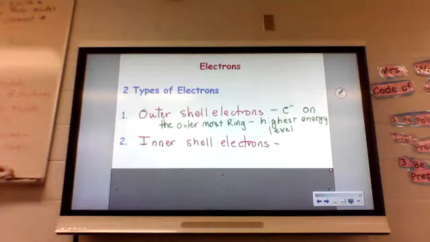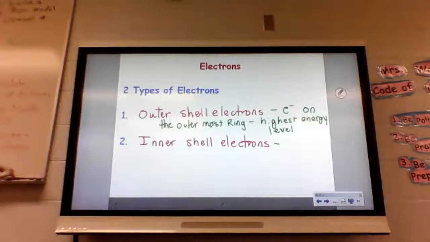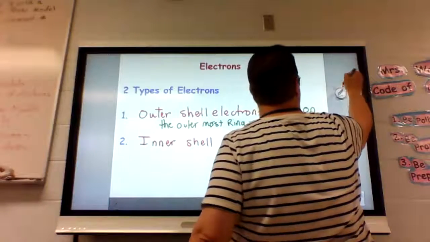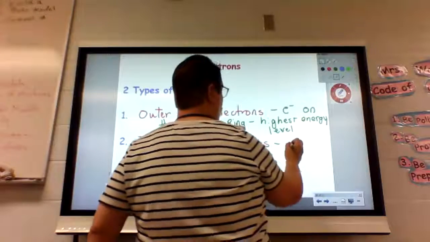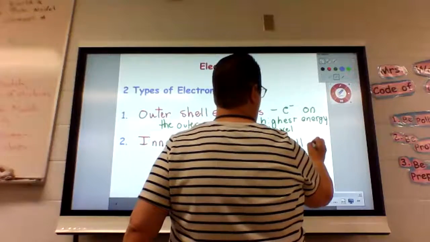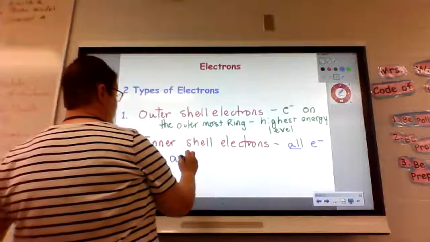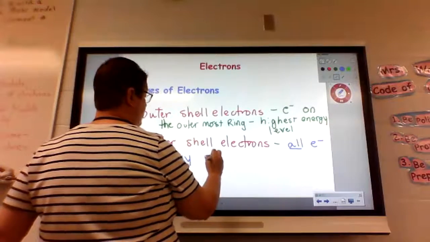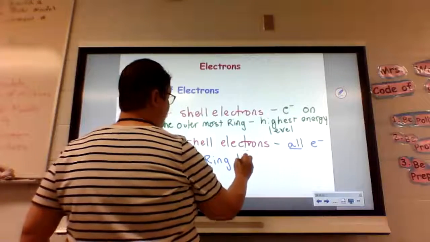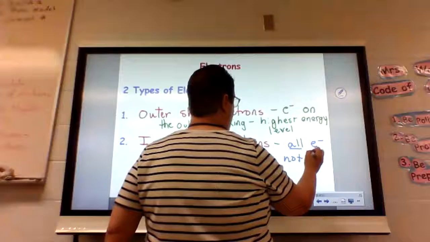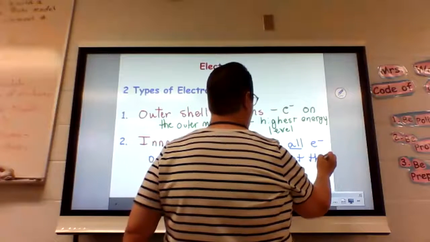Now, the inner shell electrons are all electrons on any ring that is not the outermost.